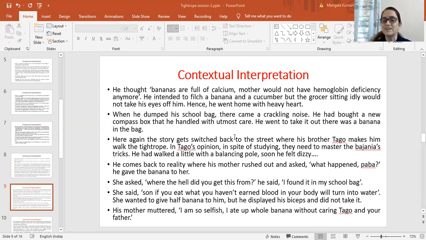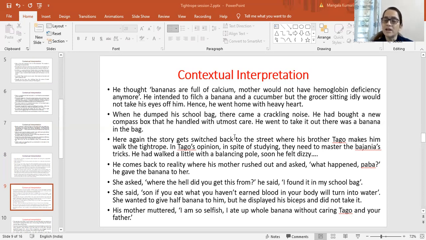He couldn't do that. But he thought bananas are full of calcium, and his mother wouldn't have hemoglobin deficiency anymore if she eats a banana. That is why he wanted to steal it, but he couldn't.